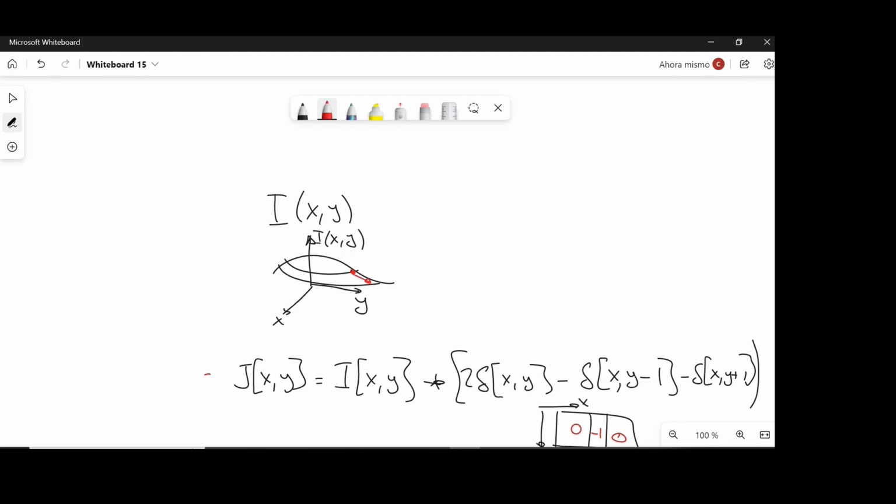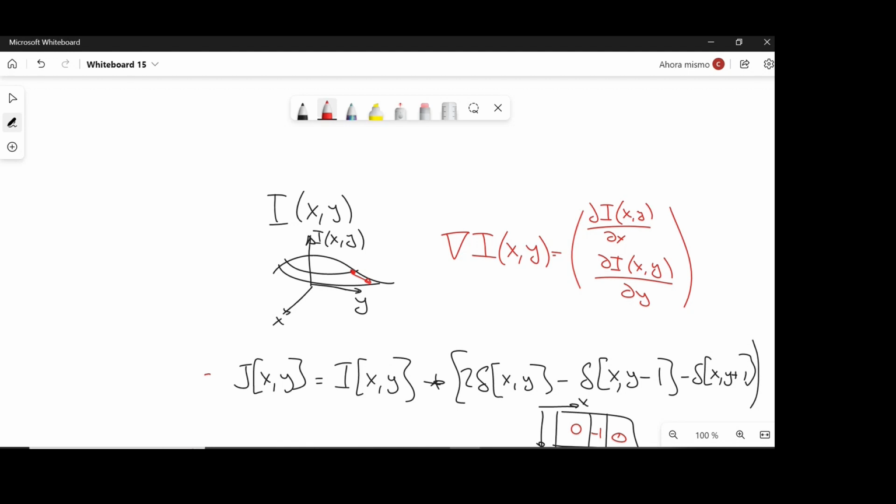How do I compute the gradient? The gradient of an image is a vector: the partial derivative of the image with respect to x, and then the partial derivative with respect to y. We know what these partial derivatives are: the derivative along x and the derivative along y.